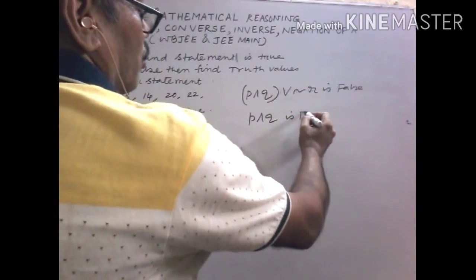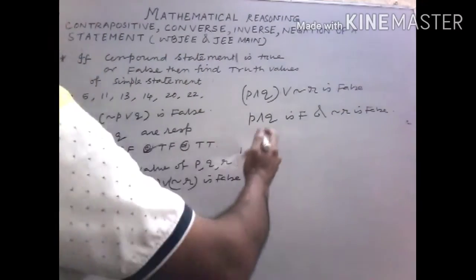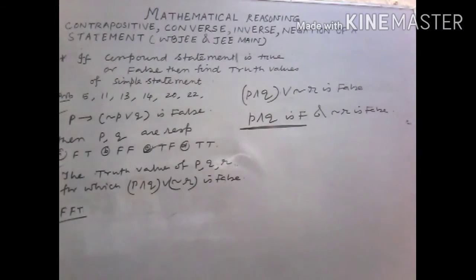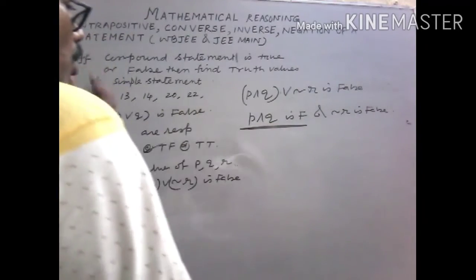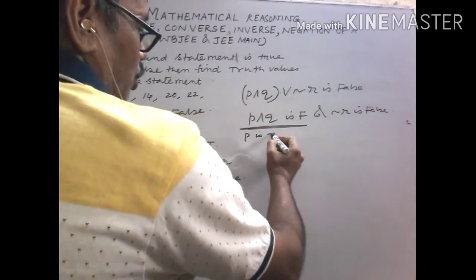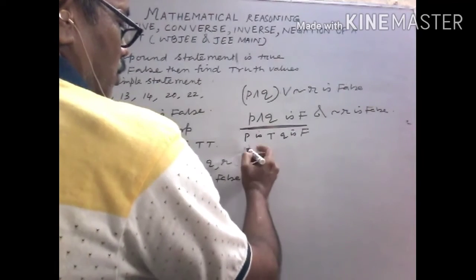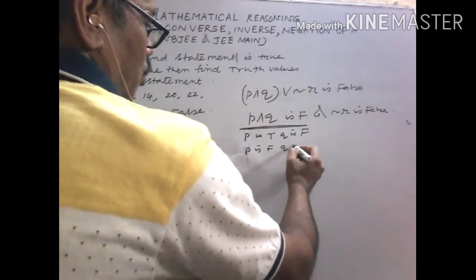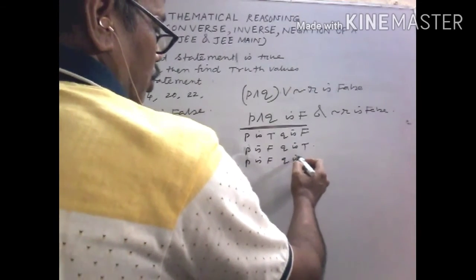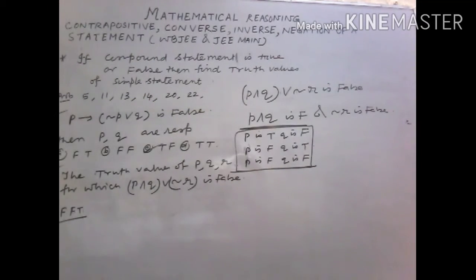So P intersection Q is false and negation R is false. Now this conjunction is false, that is series connection, when P is true and Q is false, P is false and Q is true, or P is false and Q is false. So these are the possible combinations.